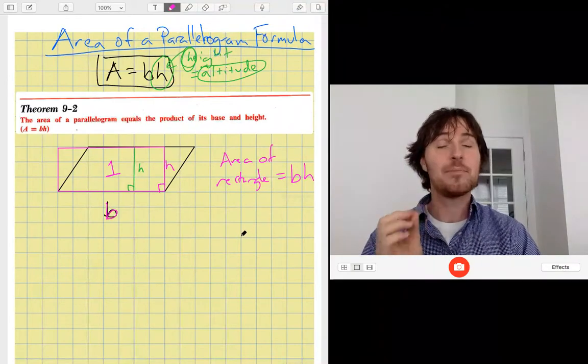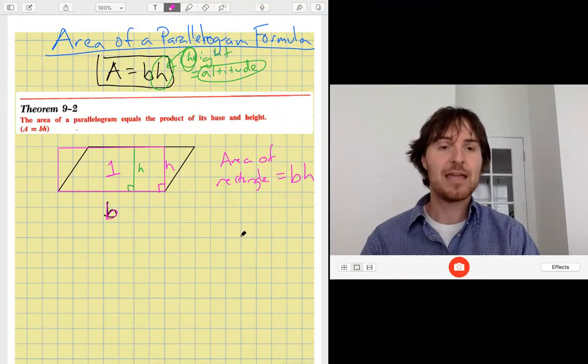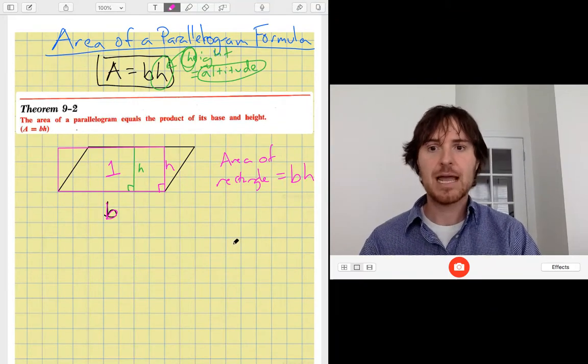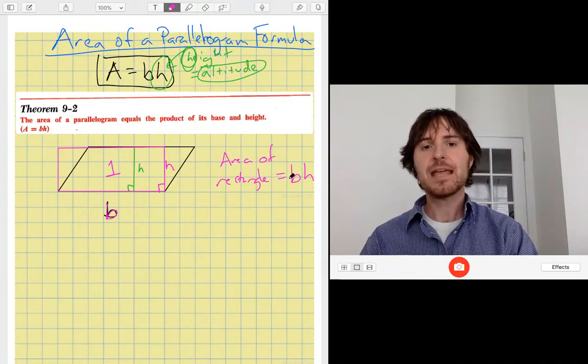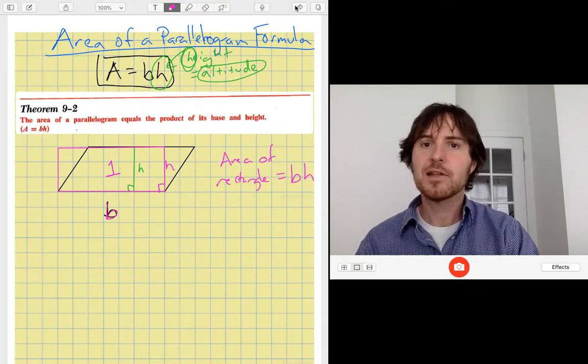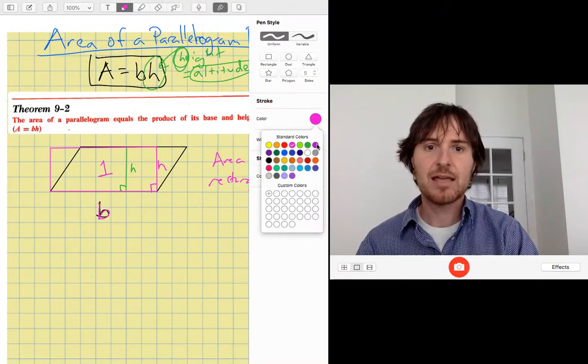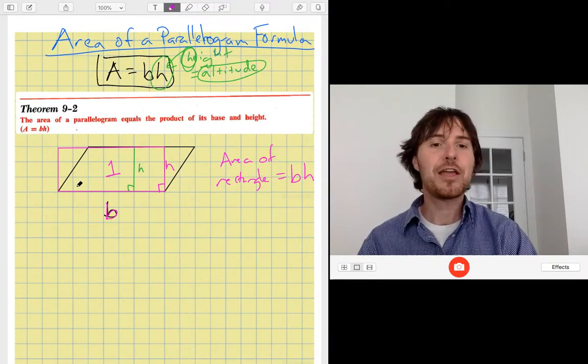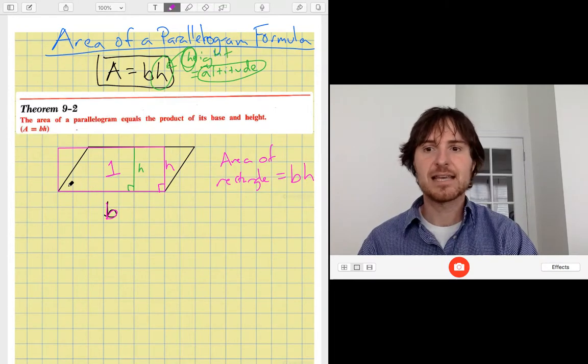And, okay, something interesting about this. We have something called the area addition postulate here. So the interesting thing is that the area of the rectangle equals base times height. Another way we can think about the area of this rectangle is this, right here.